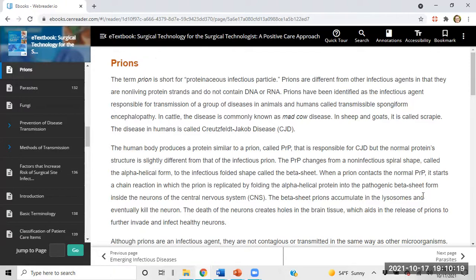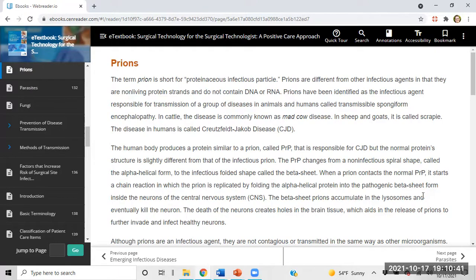We just talked about CJD a little bit in the last slide, but that stands for Creutzfeldt-Jakob disease. This occurs when these prions are in sheep and goats or in cattle. In cattle, it's called mad cow disease, but when it's in humans, it's called Creutzfeldt-Jakob disease.